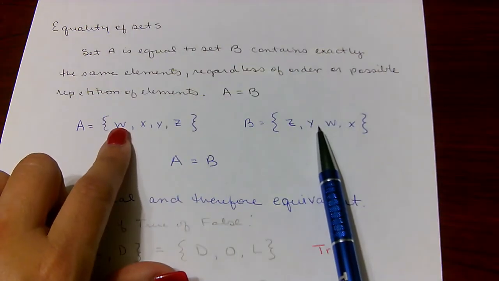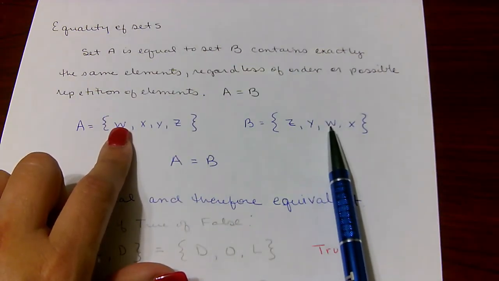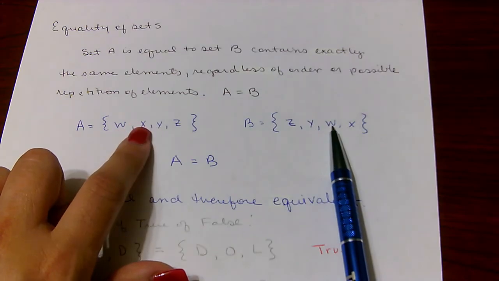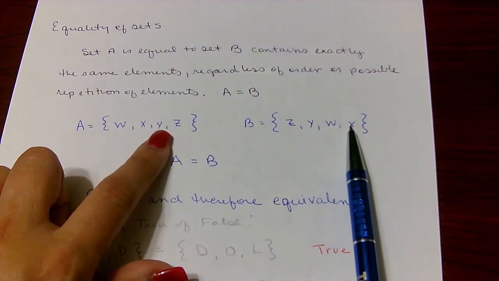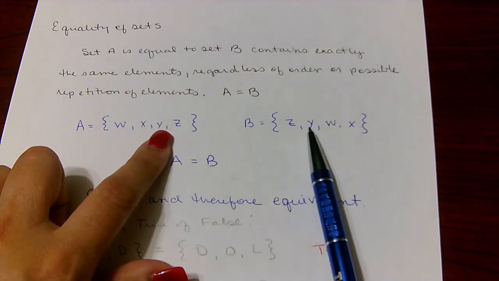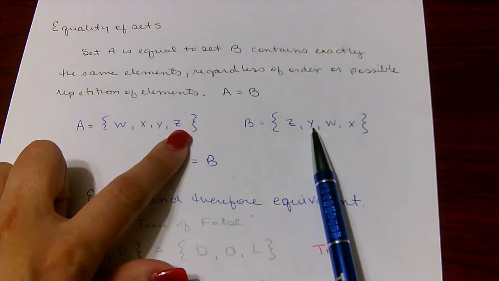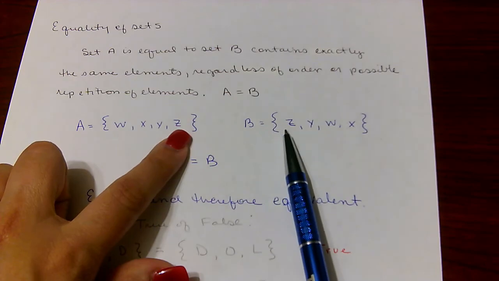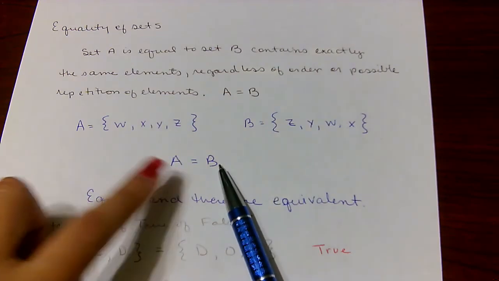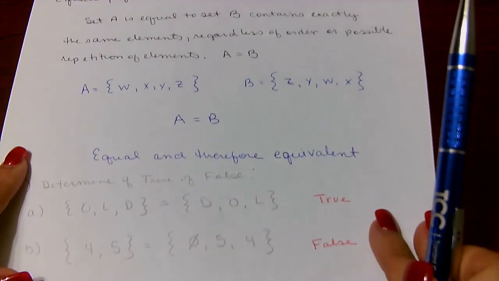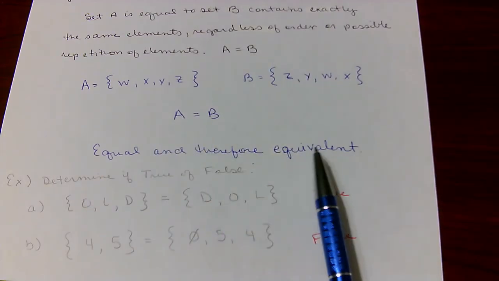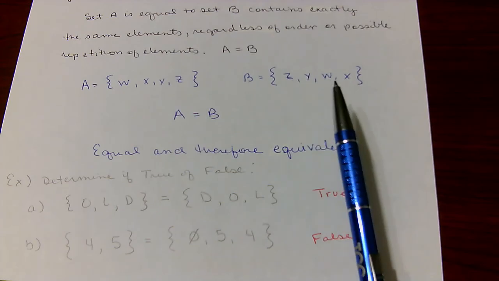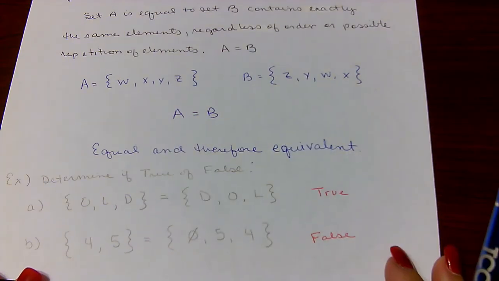So notice on A we have W and on B we have W. For A, we have X and we have X on B. We have Y on A, Y on B, Z on A, and Z on B. So these two sets are equal. If they're equal, they are also equivalent because they have to have the exact same number of elements.